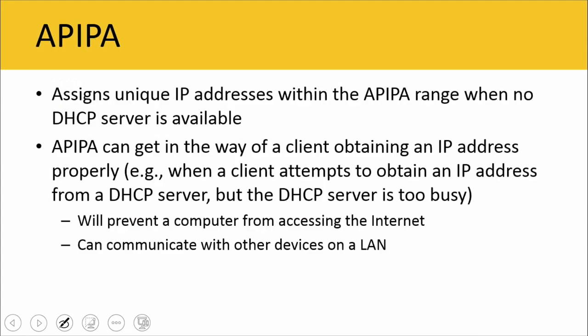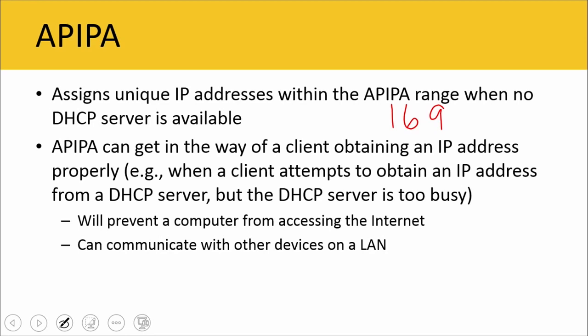All right, so we talked about APIPA a little bit earlier as well. APIPA is another networking service that makes things really nice for us. It assigns a unique IP address that starts with 169 when no DHCP server is available. APIPA, though, can cause us some troubles too, because if you have an APIPA address, a 169 address, it makes it difficult for us to obtain an IP address properly from a DHCP server sometimes, right?